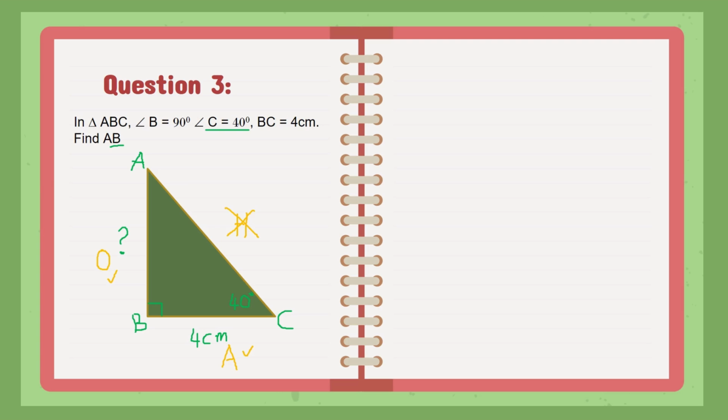We are going to work with opposite and adjacent, which is TOA. So we are going to apply tan. The angle is 40. Tan 40 is equal to opposite over adjacent.